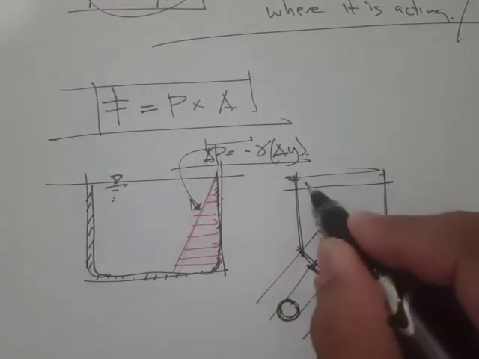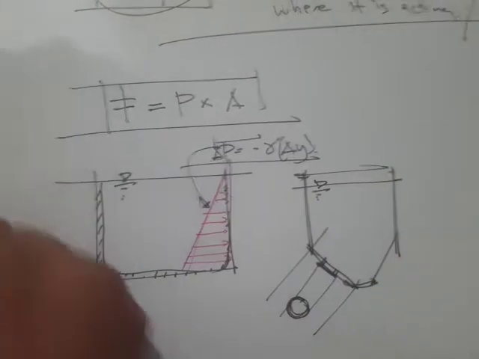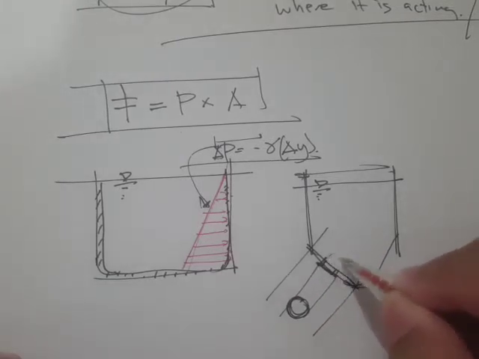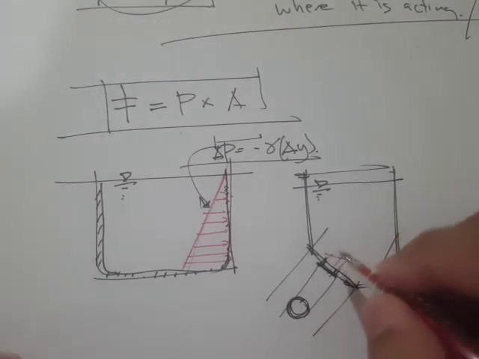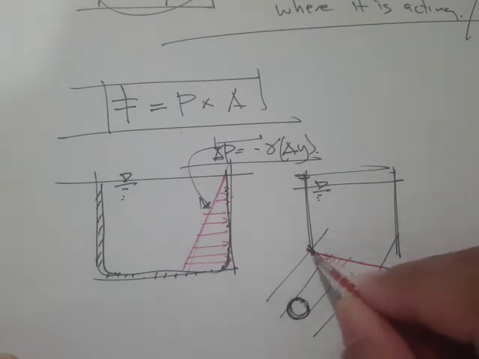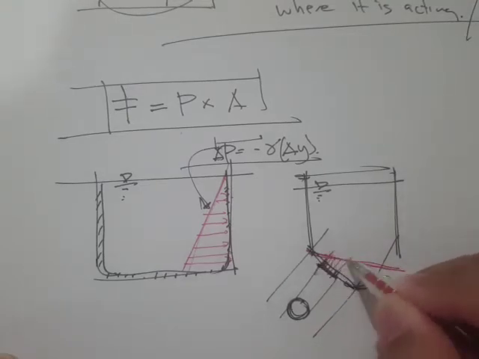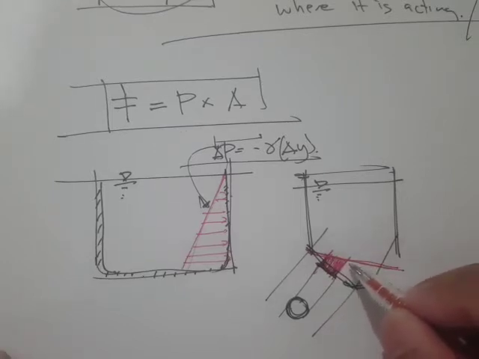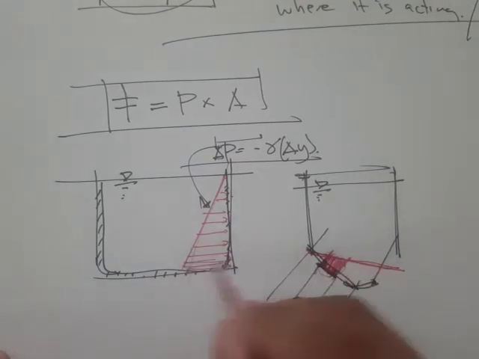So if we have this fluid right here, then if you want to know the pressure distribution in this geometry, then what we can find is something like this, right? The pressure distribution would be something like this, but since we're only considering this bounded area, then we will be only considering this region, right?